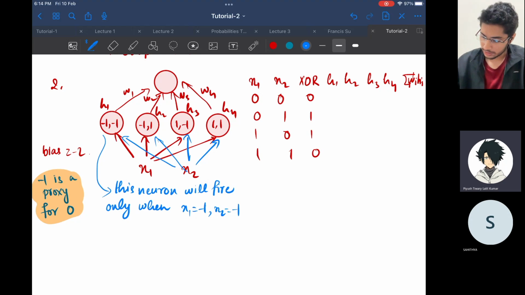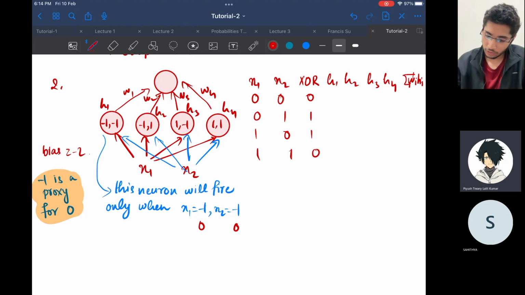So the h1 neuron will fire only if your input is -1, -1, or in our notation 0, 0. Only when both your inputs are 0, h1 will fire.